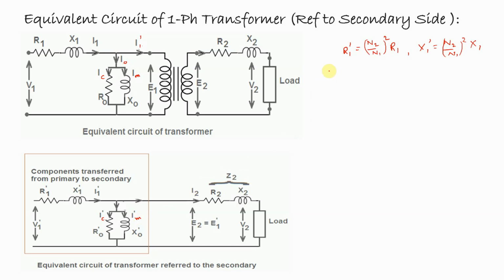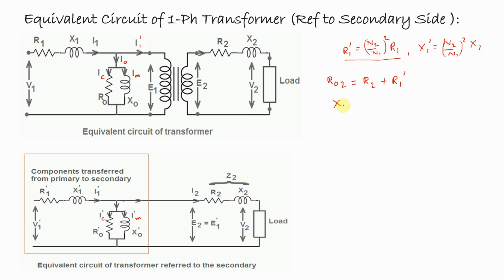The main thing that you have to remember is that in this case, the equivalent resistance of the transformer referred to secondary will be represented as R2 plus R1 dash. This is the equivalent resistance of the transformer referred to secondary, where R1 dash is here.